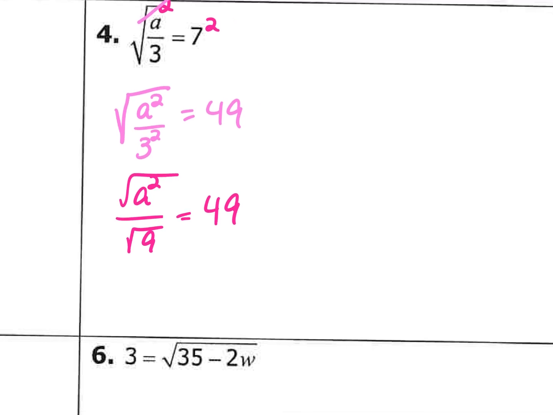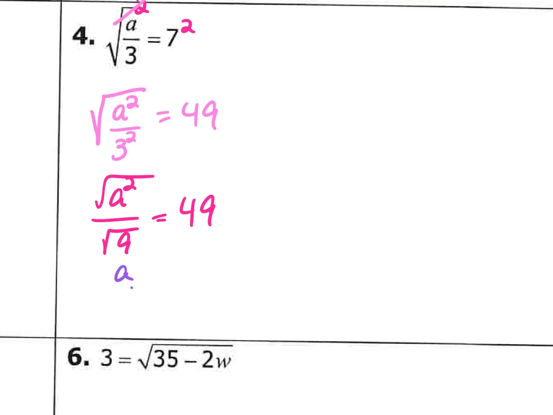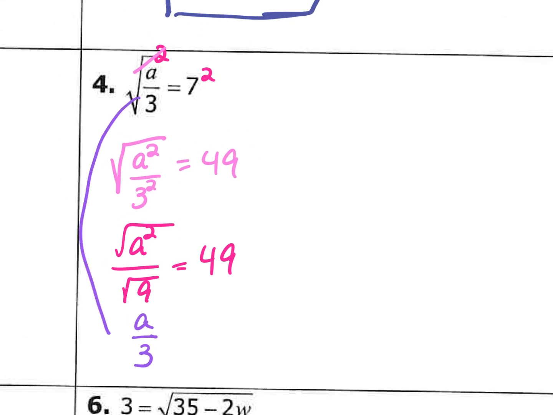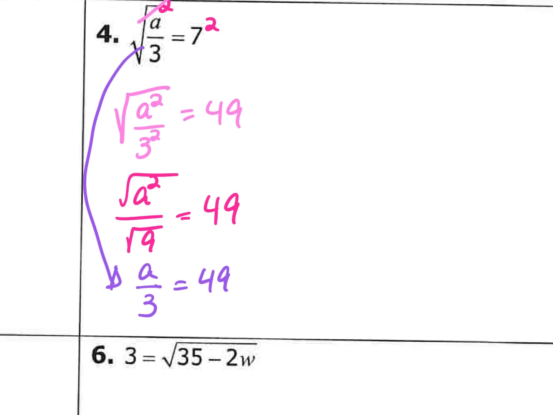The square root of a squared is just a. The square root of 9 is 3. So see how I can go from here to here? I did every step in between, but I didn't need to. I just wanted to show you every step in between so you understand where it comes from.